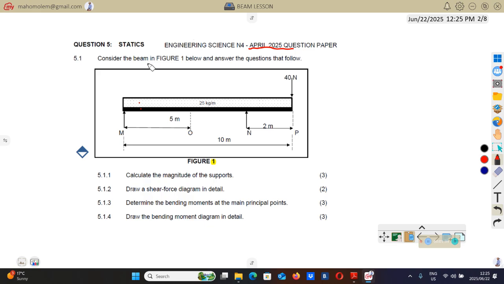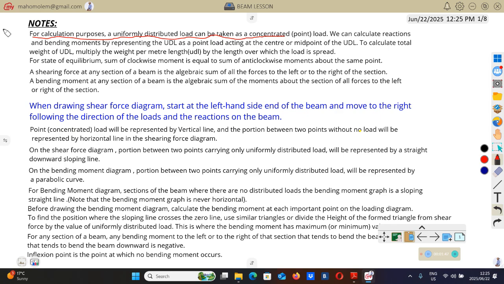The first thing that you have to do here for calculation purposes is convert the uniformly distributed load. For calculation purposes, a uniformly distributed load can be taken as a concentrated load or point load. So we're going to convert that uniformly distributed load to a point load.